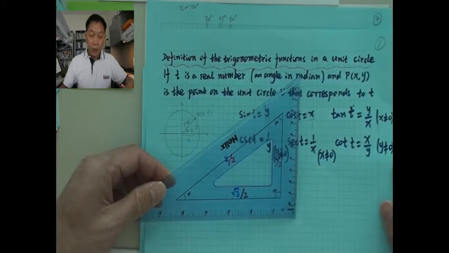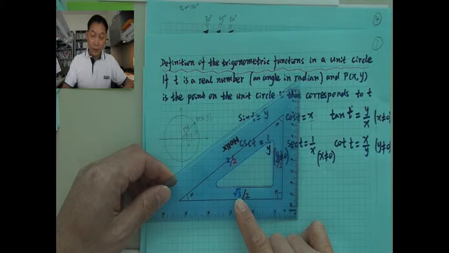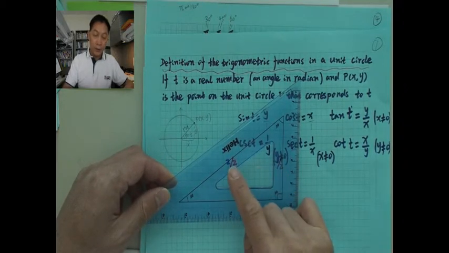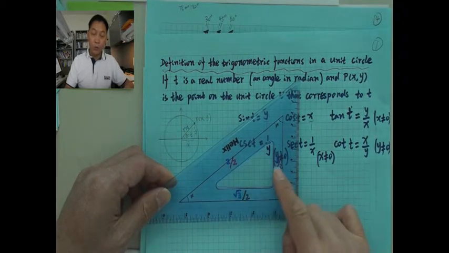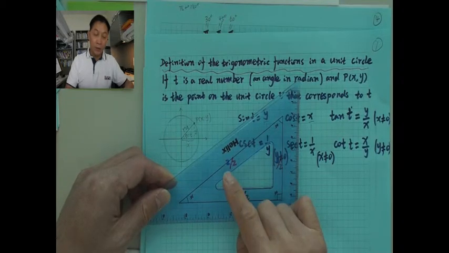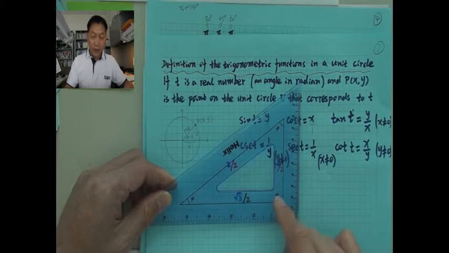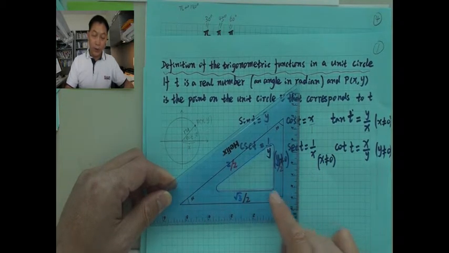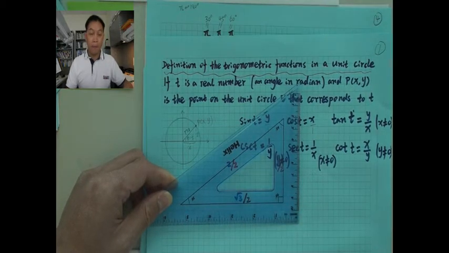So that's why we have radical 3 here. You may mark 1, 2, radical 3. Radical 3 squared is 3, 1 squared is 1, added together is 4, and 2 squared is 4. So 1 squared plus radical 3 squared is 2 squared, which is 4.